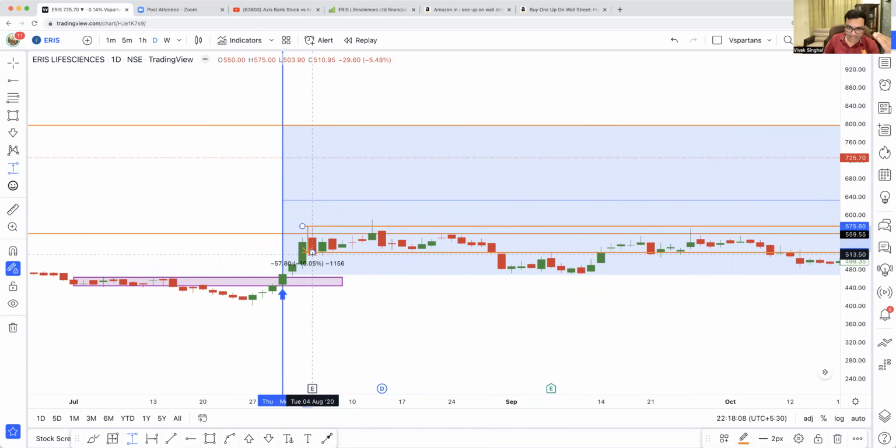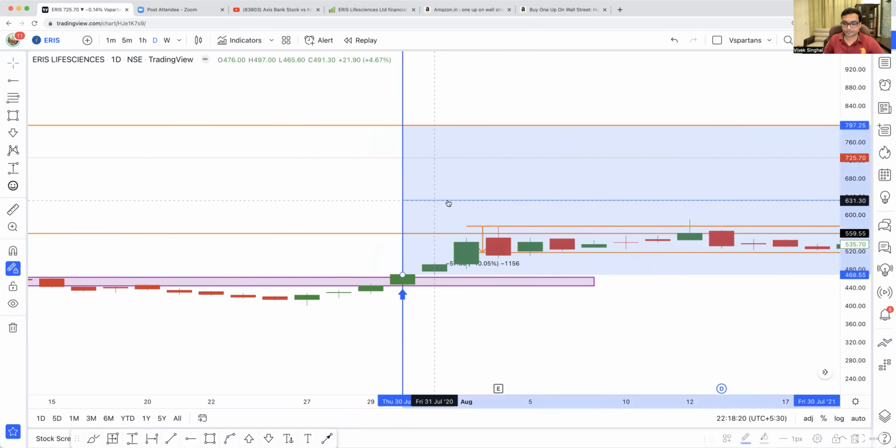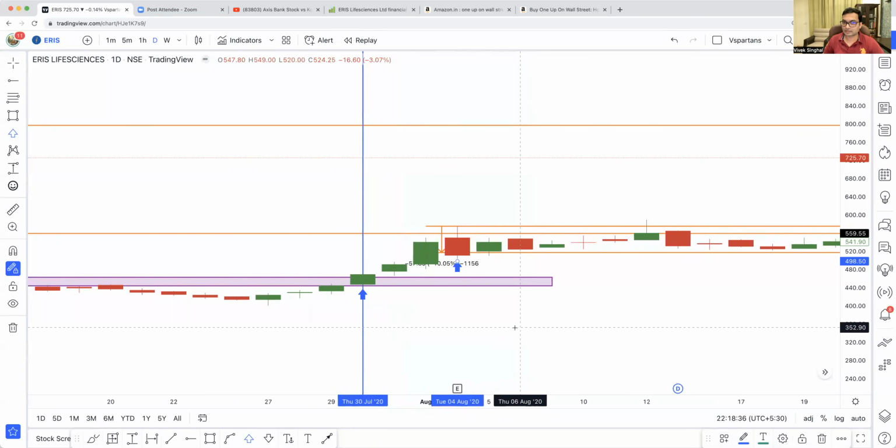Once the highest level is made, any 10% fall will give us a buying opportunity based on V10. So based on this red candle, there was a fall of more than 10%, but at the 10% itself, we must have taken the trade. So we must have taken this trade based on V10.